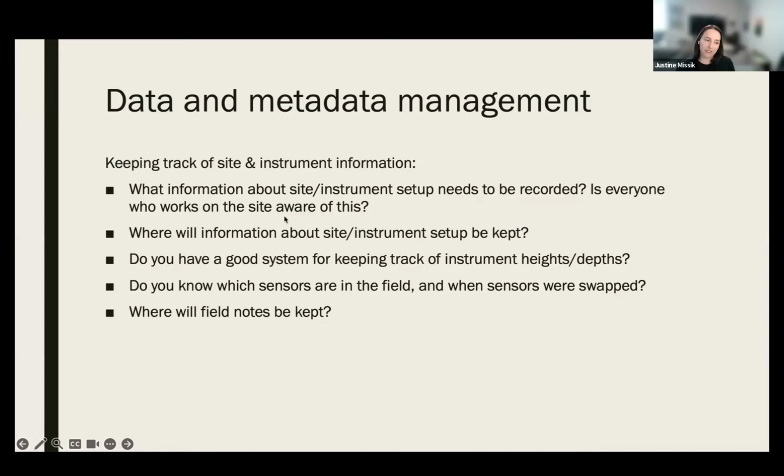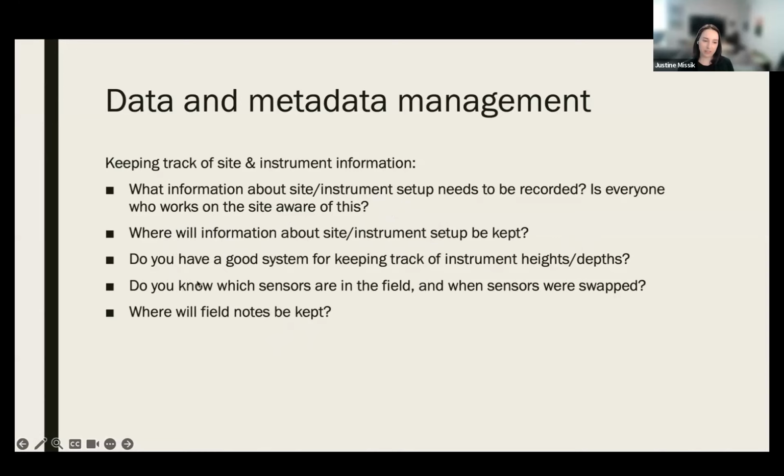And going along with that, make a plan for how this information is going to be stored and who will have access to it.